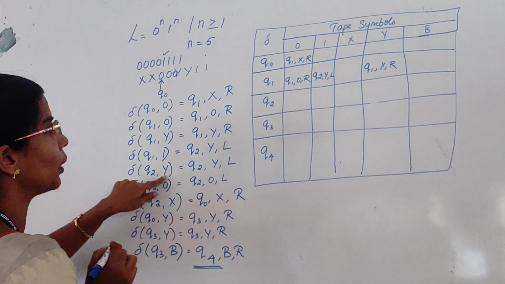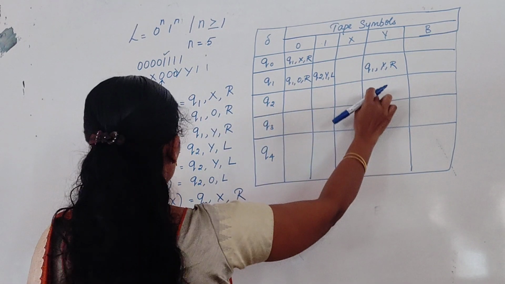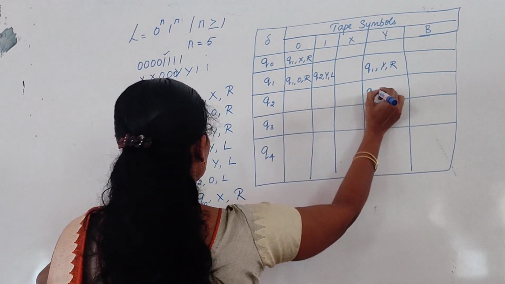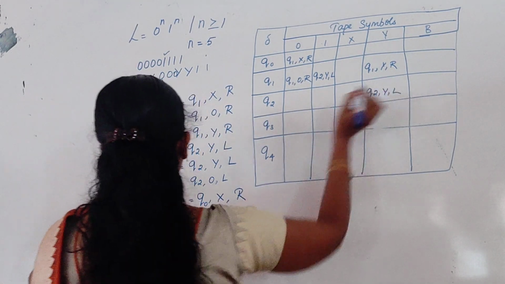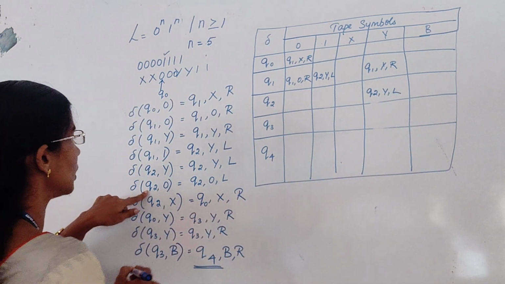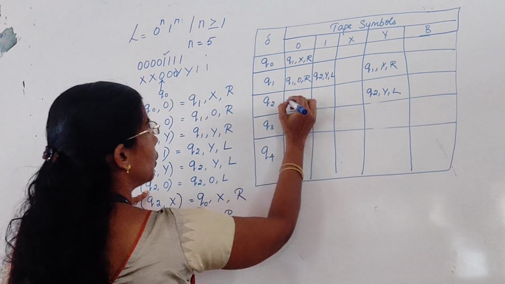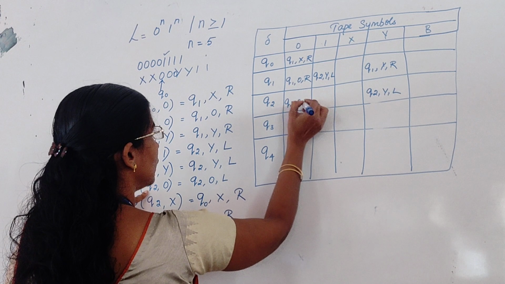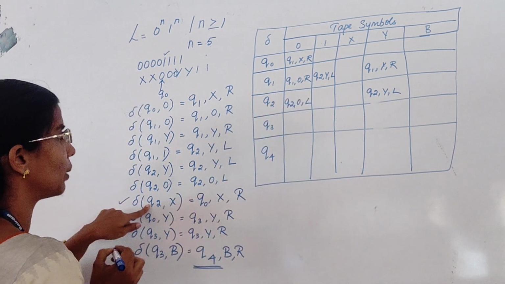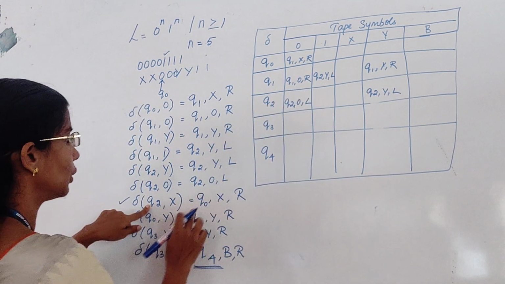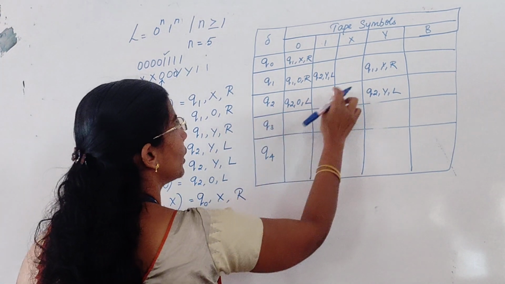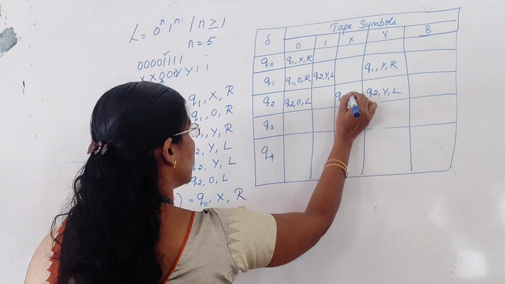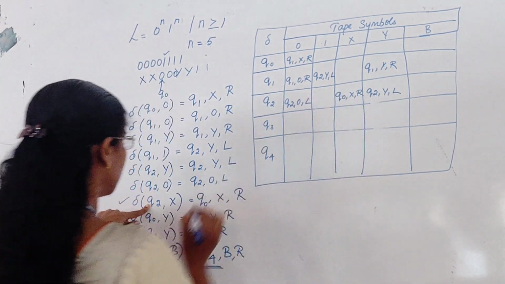Next Q2 comma Y: Q2 YL. Q2 comma 0: Q2 0 L. Q2 comma X: Q0 XR.